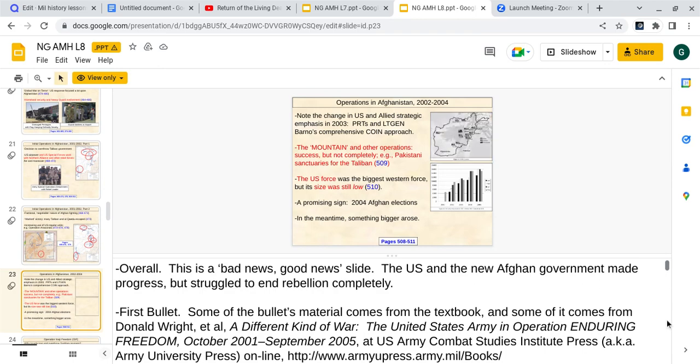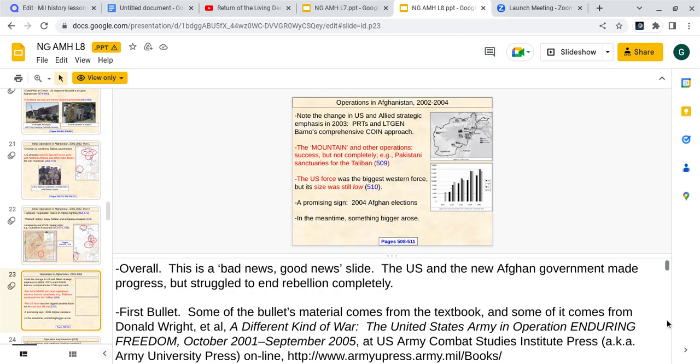For Operation Mountain and other operations' success, understand that during battles like that, there was a lot of success. We did pretty well fighting against the Taliban, but it wasn't a complete success.